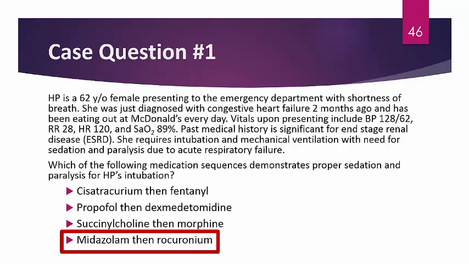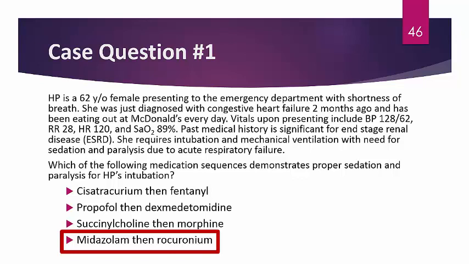Succinylcholine and then morphine. Again, the same issue as the first answer, in that succinylcholine, the paralytic, was given before the sedation agent morphine. Another issue with this choice is that this patient has a history of end-stage renal disease.